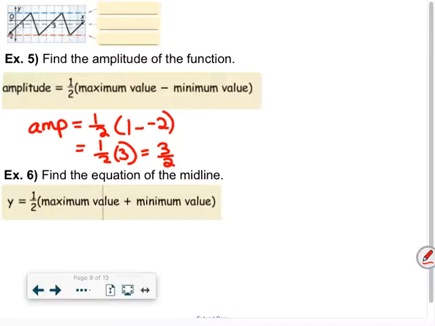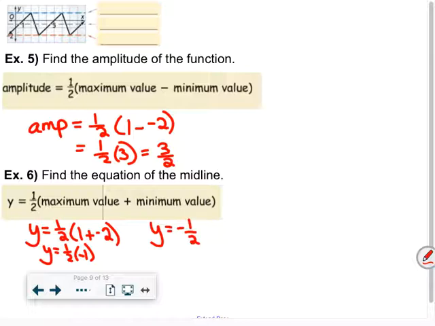The equation for a midline is y equals 1/2 the maximum value plus the minimum value. So there is a formula for it, or graphically you can just figure it out. It's going to be y equals halfway between the max and min value. So this one's going to be y equals 1/2 times -1, and this is what we wrote above.